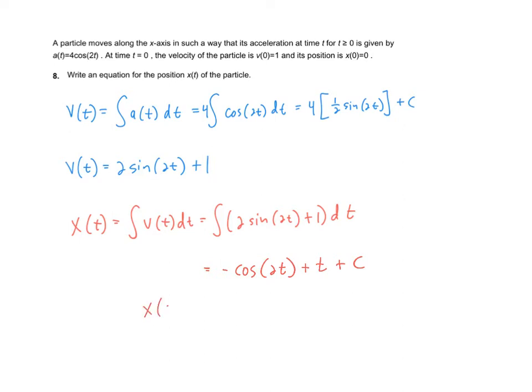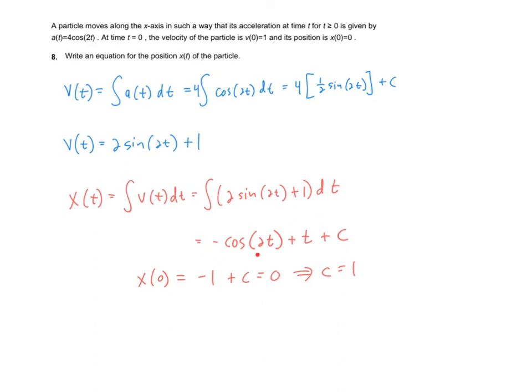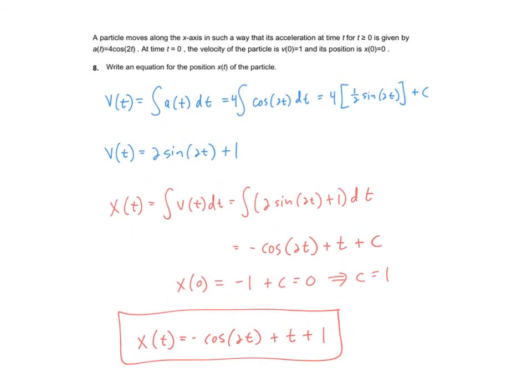So if you do x of 0, cosine 0 is 1, so this will be negative 1, plus 0, plus c, so just plus c, and then that equals 0, which means c has to equal 1. So we'll just plug it back in here, and that'll be our position. Okay, and that was everything.